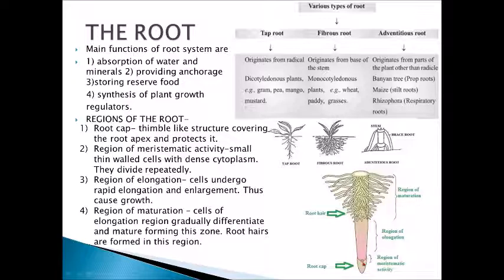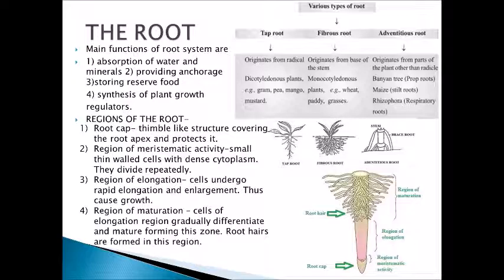The next region, this small portion just above the root cap, is the region of meristematic activity. Here, the cells of this region are small, thin-walled and have dense cytoplasm. They are meristematic in nature, that means they repeatedly undergo cell division, producing more and more cells.